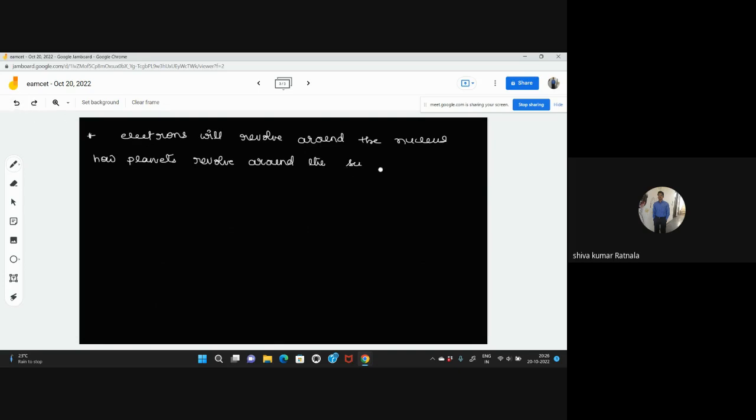How planets will revolve around the sun.